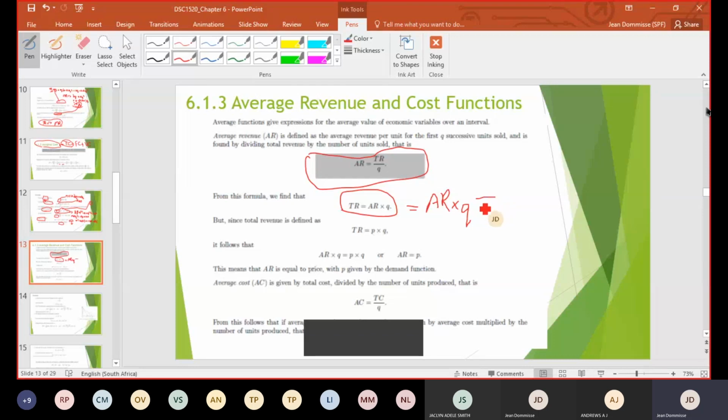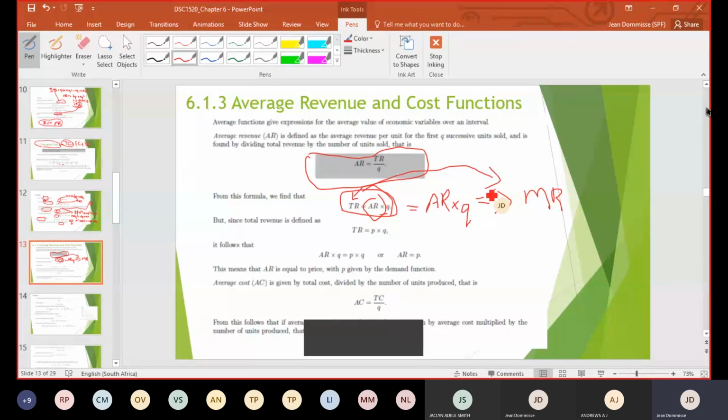They can give you formulas for average revenue and the Q, so that you need to work out the total revenue and then the marginal revenue.